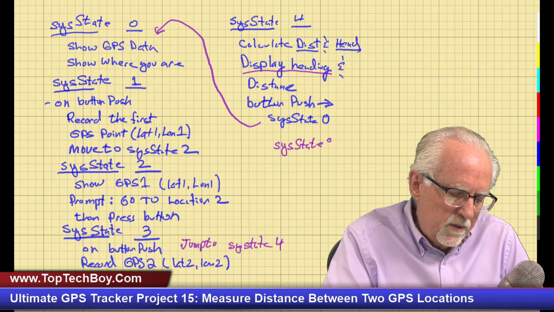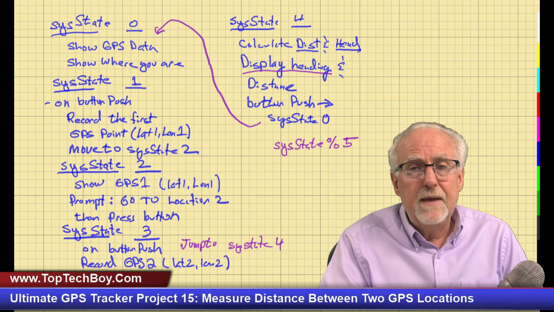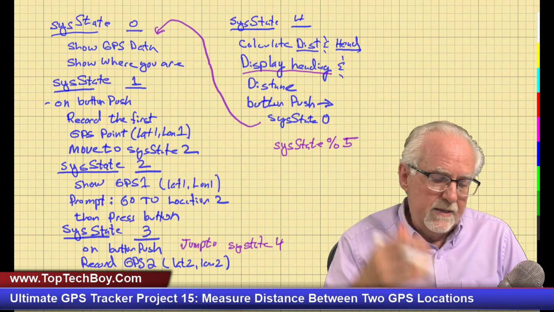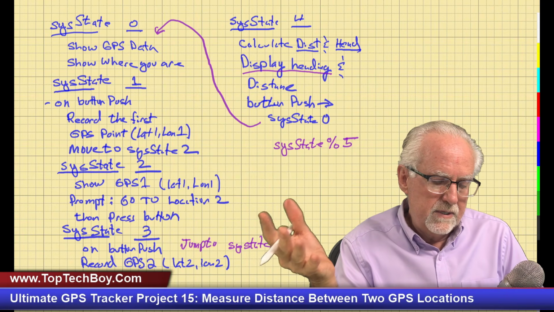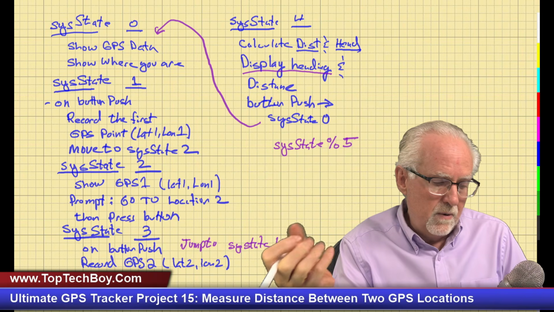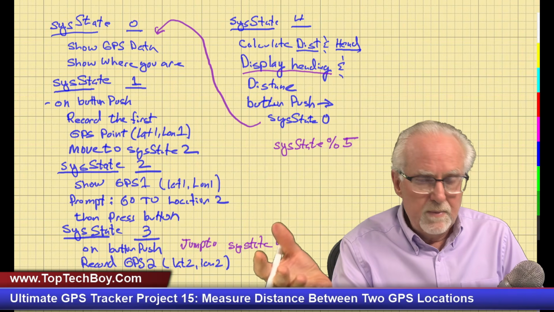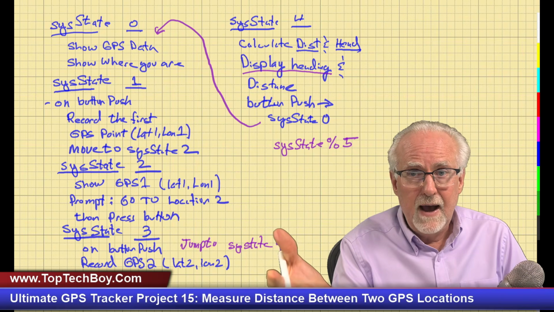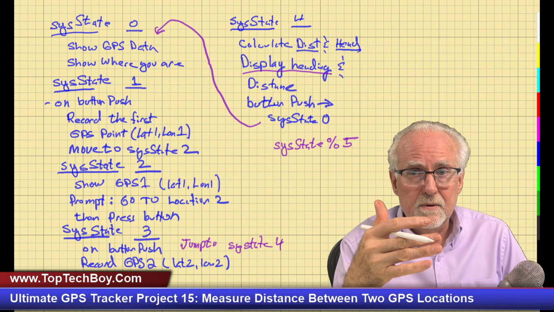And remember how we learned about mod 5. So you divide sys state by the number 5, and then you return the remainder. And so if your sys state is 0, then what is your remainder going to be? It's going to be 0. If your sys state is 1, the remainder is going to be 1, 2, 3, 4. That all makes sense. But then if you go to 5, you're going to go back to a remainder of 0.